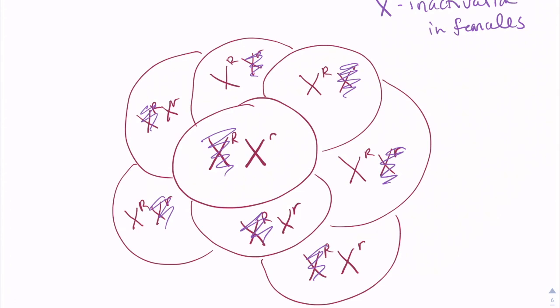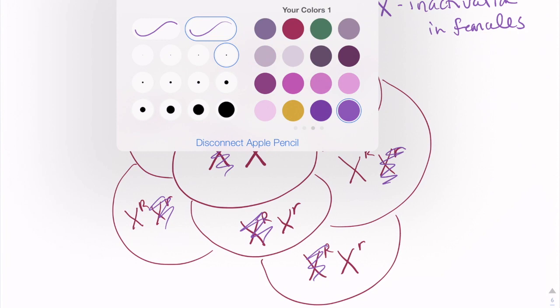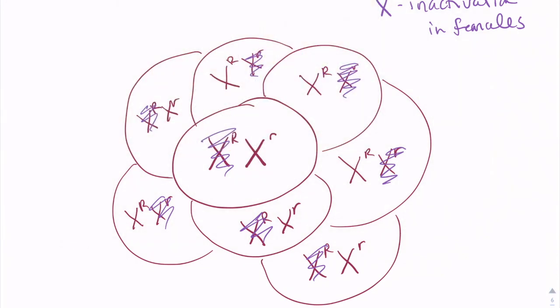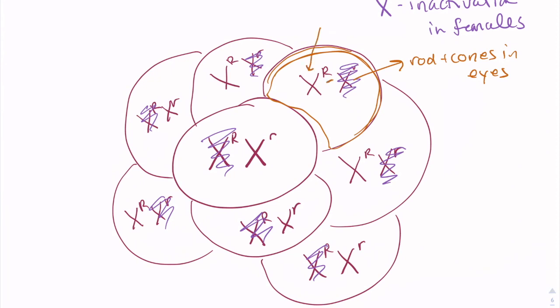Change the color for a moment here. What if this cell here, this one here, goes on to form the rods and cones in your eyes? The chromosome that's active has the dominant allele on it, so no color blindness.